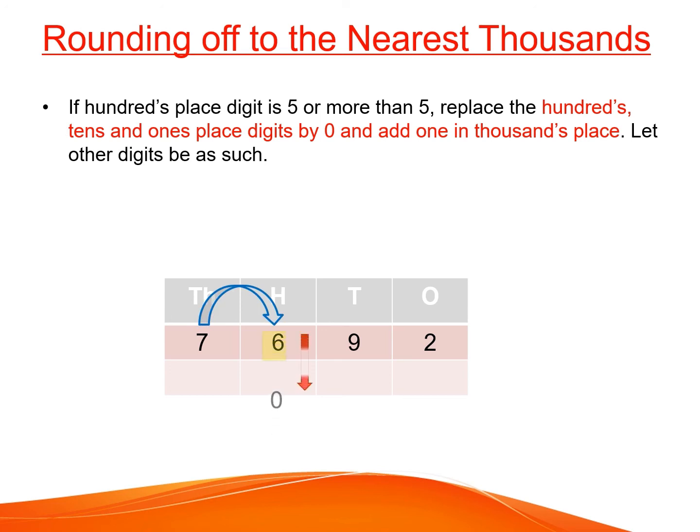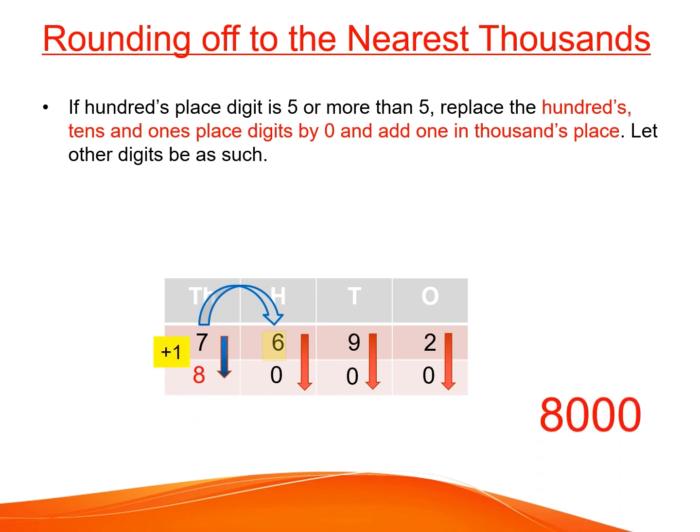This digit will be changed to 0 and all the digits after that, that is in the tens and the ones place, will also be changed to 0. However, you will add 1 to the thousands place and the rounded off number becomes 8000. So 7692 rounded off to the nearest thousand becomes 8000.